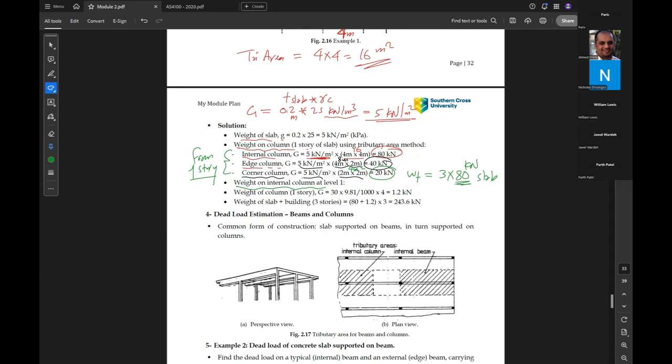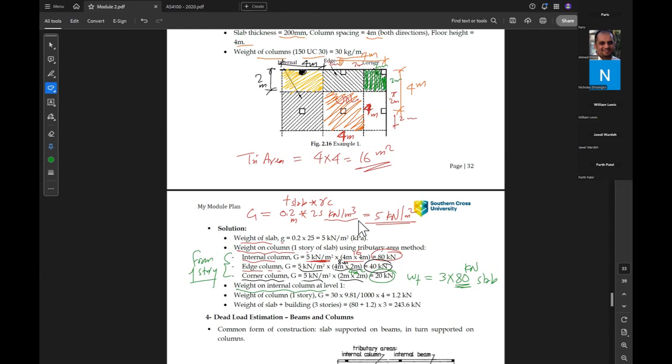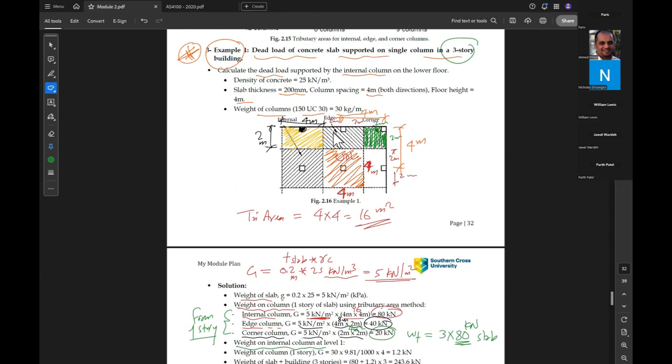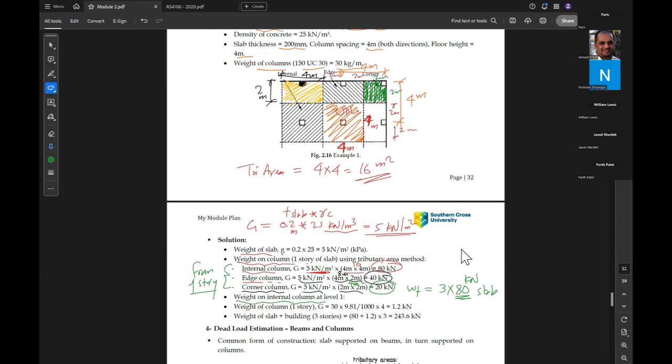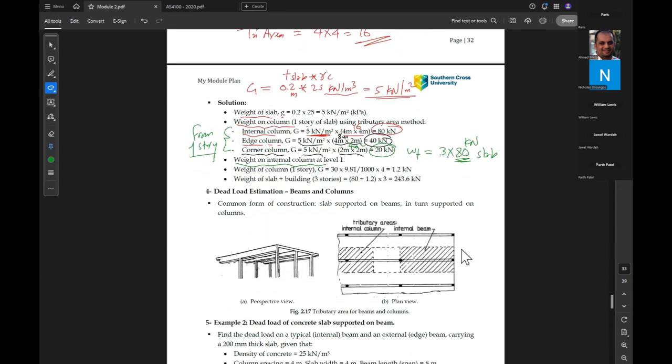Anyone know? Do you know the self weight? Because the column should carry itself as well, right? Yes, beam also can be an option, but this slab doesn't have any beams. It is like flat slab. So what else should be included? The own weight of the column.